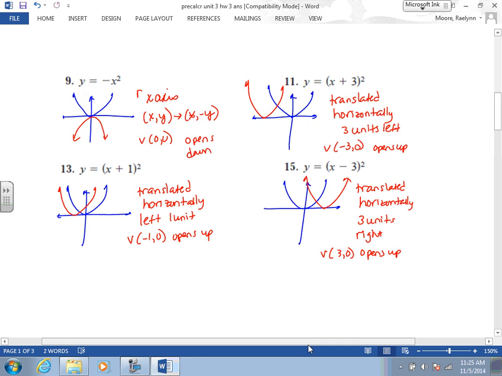Here's your basic transformations. And again, I had to review the transformations because this is how you graph. You graph from your transformations. We're going to be putting your quadratics out of your quadratic form and into your vertex form.